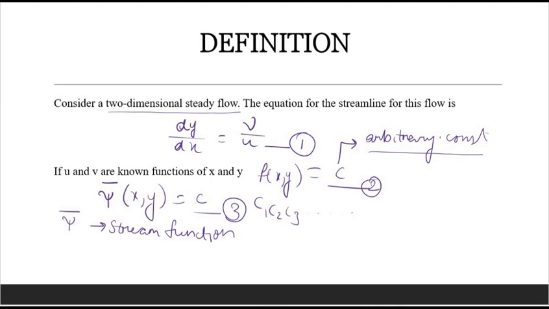In order to eliminate this arbitrariness in equations 2 and 3, which is because of the integration constant c, let us consider two streamlines. This is the streamline AB and this is the streamline CD.